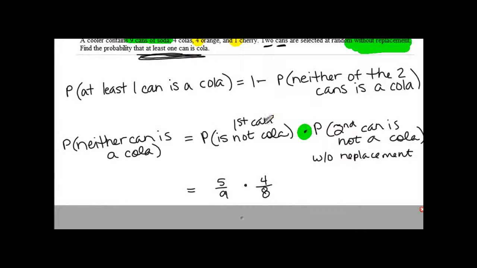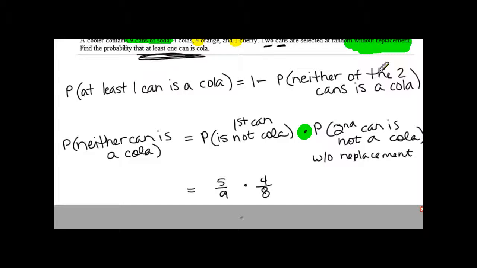So the probability the first can is not a cola would be the 4 orange plus the 1 cherry are not colas, just 5, out of the total cans of soda, which is 9. And then we want to make sure that we don't replace that soda.